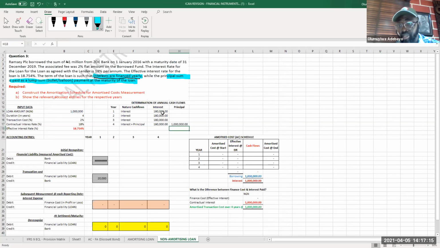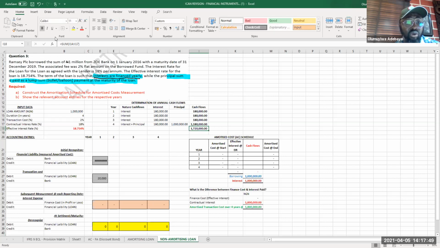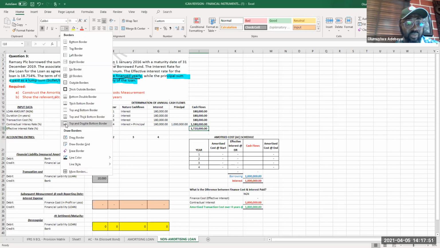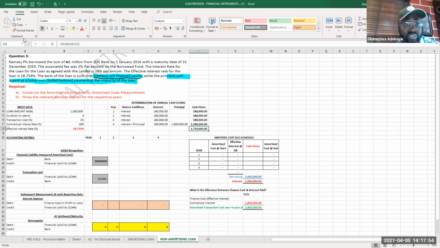This is more or less like borrowing through bonds, where you only finance interest and pay principal later. At the end of the day, what is the cash flows? The cash flow is the sum of what you pay in each year over a period of 4 years. Altogether, how much are we paying? Over a 4-year period, on the 1 million naira we borrowed, we'll have paid 1,720,000.